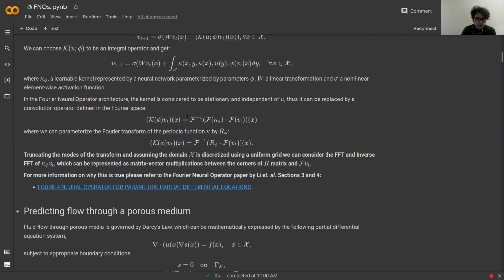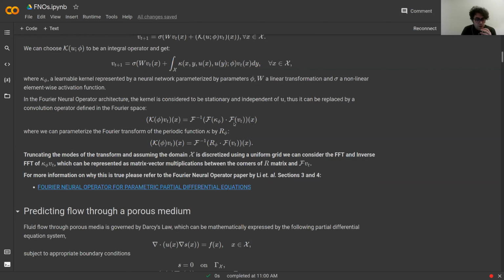So thus far, this is what Jacob described. You have the Fourier transform of kappa, and the Fourier transform of V. This kappa is parameterized by R phi, which is parameterized by some complex parameters.